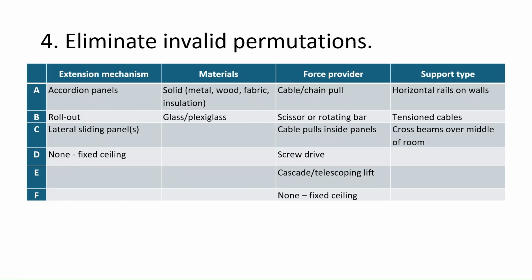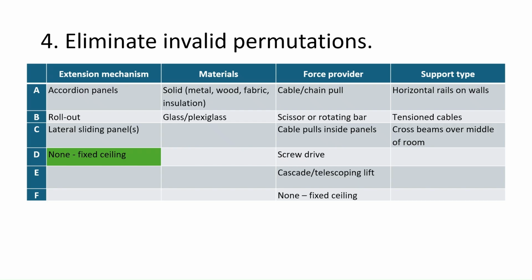Though the parameters are supposed to be as independent as possible, some values will simply not work with others, usually due to physical impossibilities. One big way I can reduce possibilities is looking at the fixed ceiling idea with no extension mechanism. That idea will only work if it has a way of being transparent or opaque.